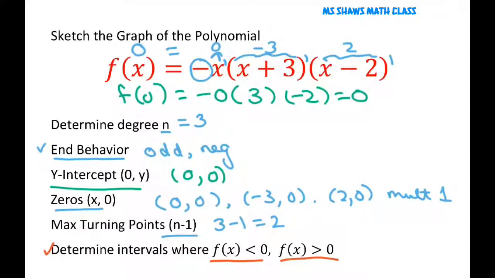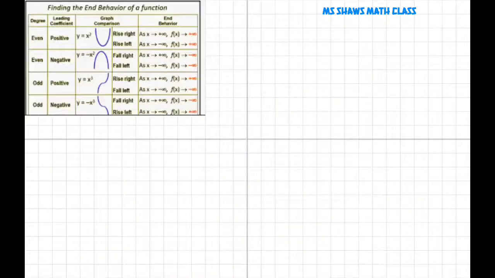So let's go back to end behavior and talk about that before we start our graph. So we have an odd degree and a negative lead coefficient. So odd and negative is right here in this area. And the graph comparison is y equals negative x cubed.